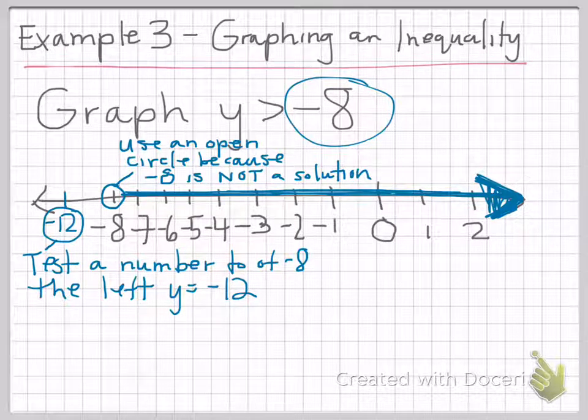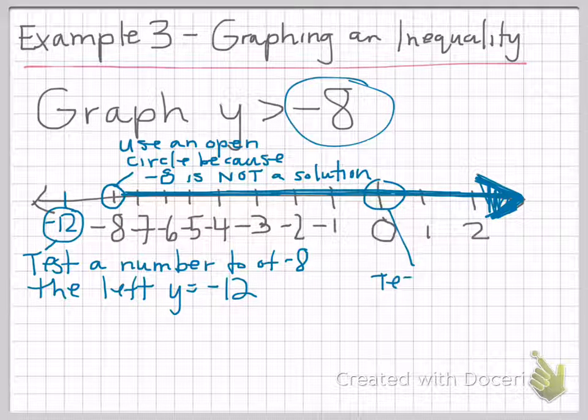And then you would test a number here and see if it's true. So we chose 0. So if we stuck in 0 for y, it would be true. 0 is greater than -8.